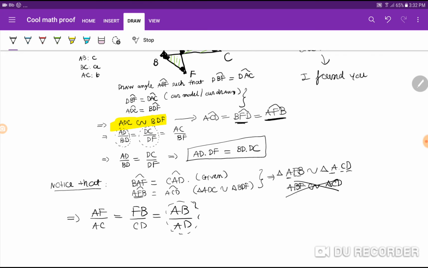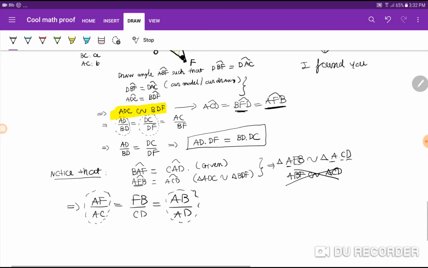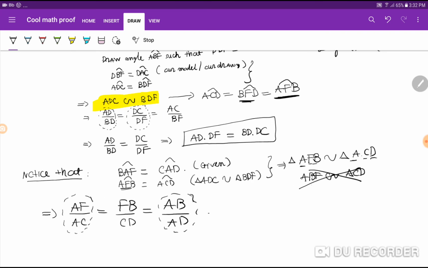And then the other one, I'm gonna pick this one. The reason why I'm gonna explain to you later. A lot of people say that, but it is what it is, man. I cannot explain to you right now. Okay, I'm gonna pick that ratio, and then if you cross multiply, you have AD times AF equal to AB times AC. Okay.